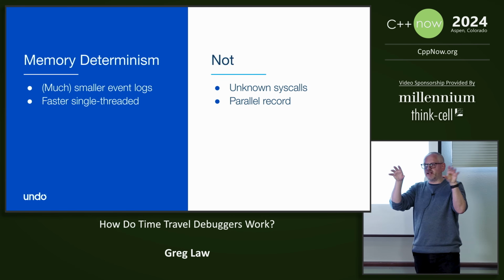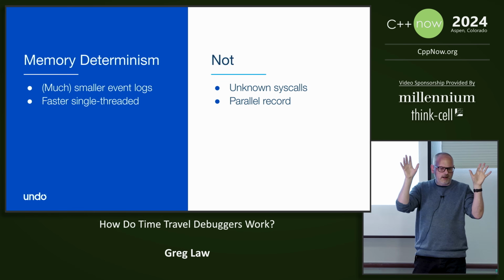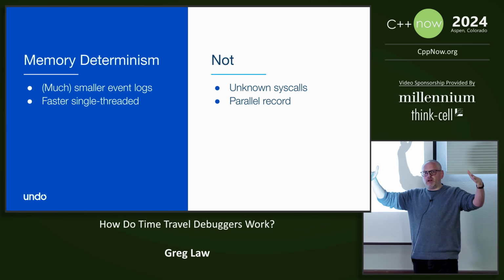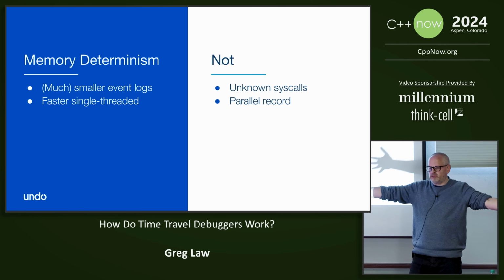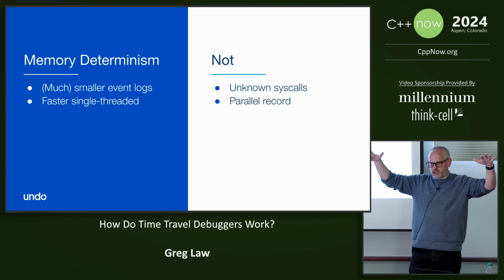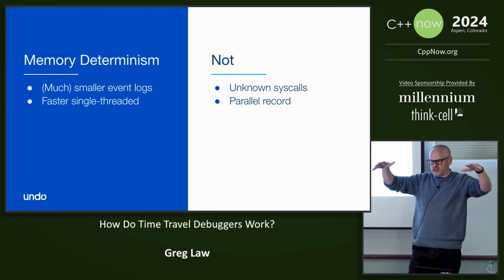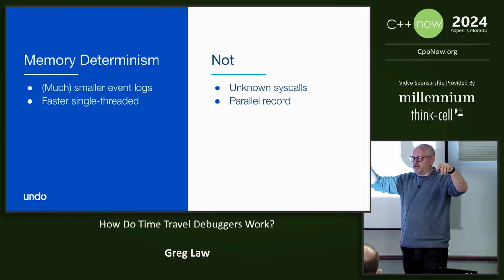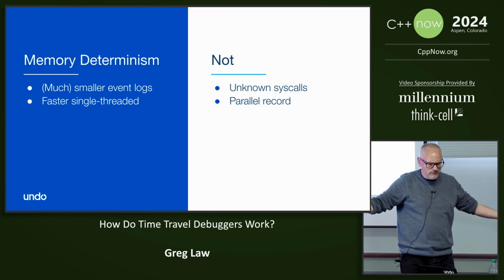And if your memory is shared with something else, it's not going to work. That's not quite true. You can record an entire process tree. If memory is shared between other processes in your process tree, RR can cope with that because it re-executes the whole process tree completely in lockstep, and so it's deterministic. But if the memory is shared with anything that isn't one of the processes that RR is recording, it can't do it.